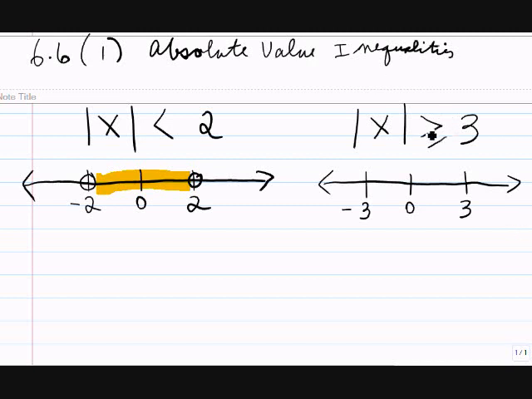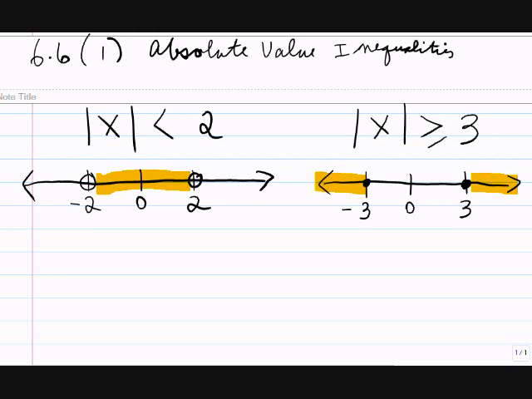And on this one, I have a line under the greater than sign, so I'll put closed dots. And because it is greater than rather than less than, I shade beyond the 3 and the -3. Okay? So if you see a less than, your shading goes in the middle. If you see a greater than, your shading goes to the outsides.